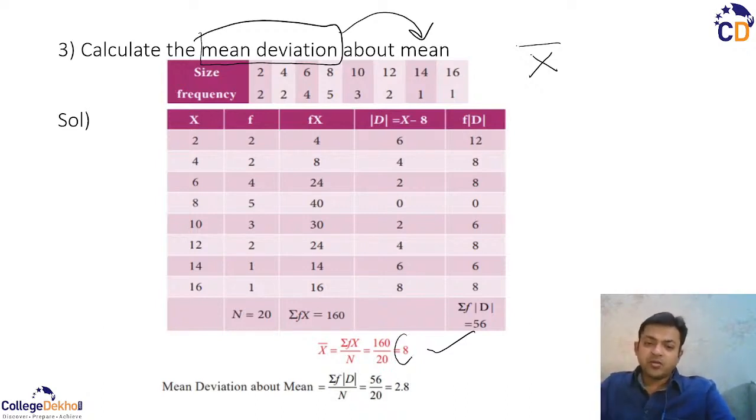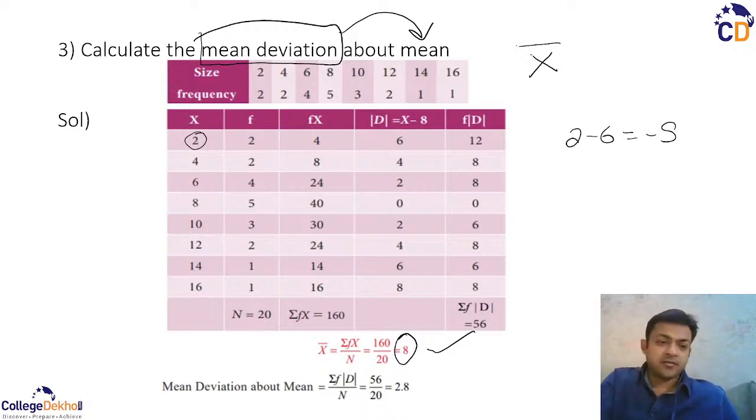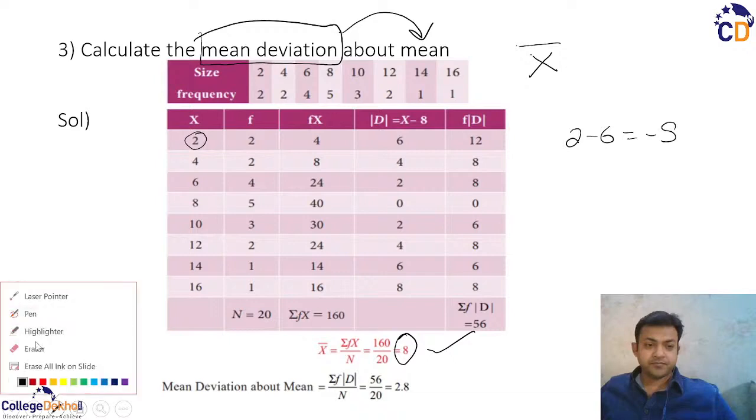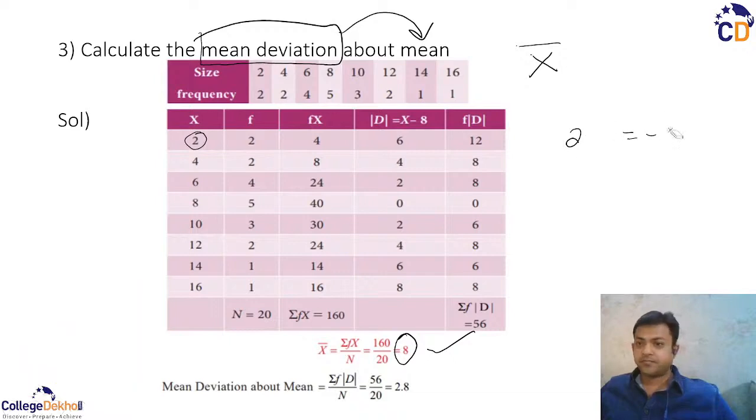Once we have found out the value of mean, every time there is a value of x, we need to subtract mean from that. So 2 minus 8 would give me negative 6.